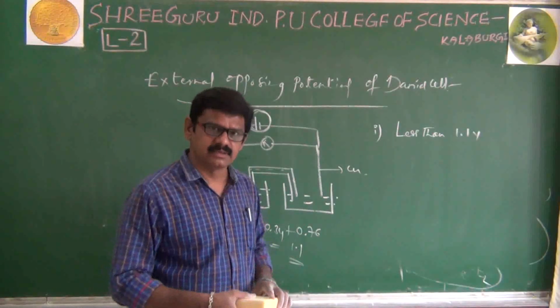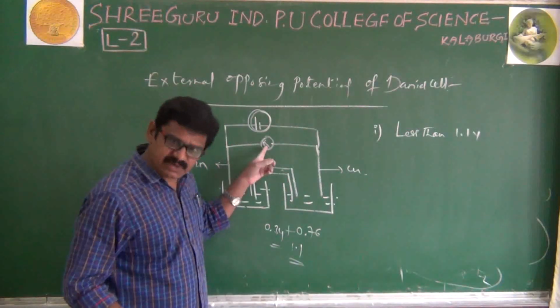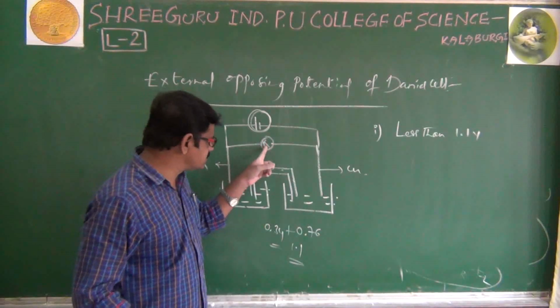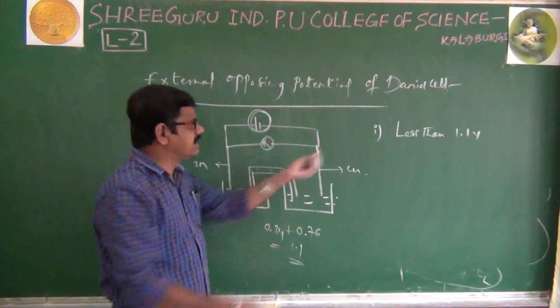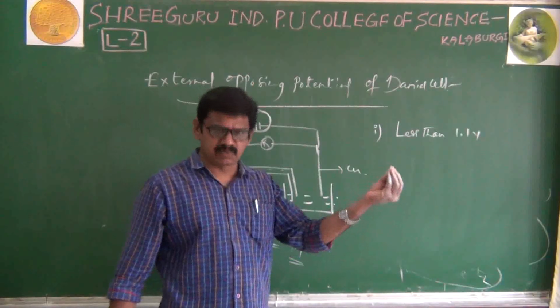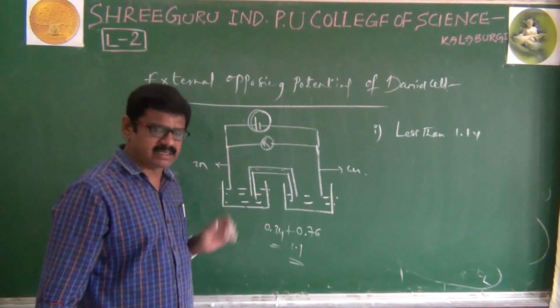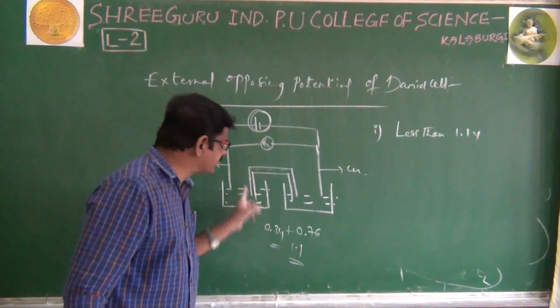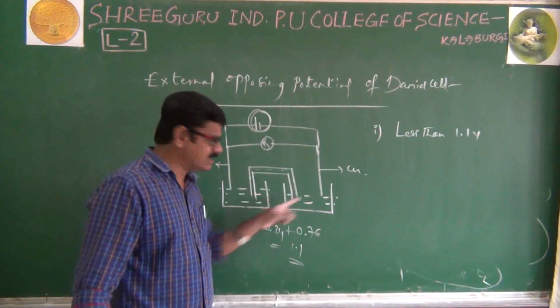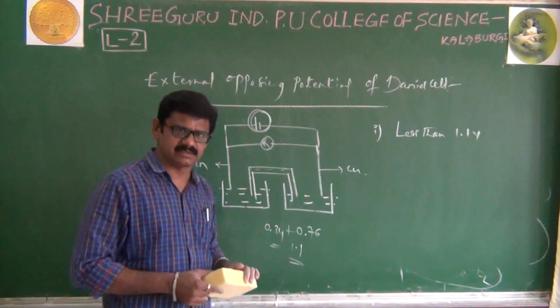Nothing will happen. Its cell potential is 1.1, externally you are sending less than 1.1, say for example 0.5 or 0.7 or 1. In that moment there is no difference in this cell reaction. Cell reaction remains as it is, no change.